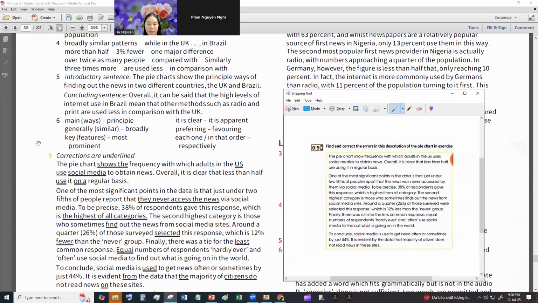I think that is the overall. It is clear that less than half are using it on a regular basis. I see, on a regular basis.